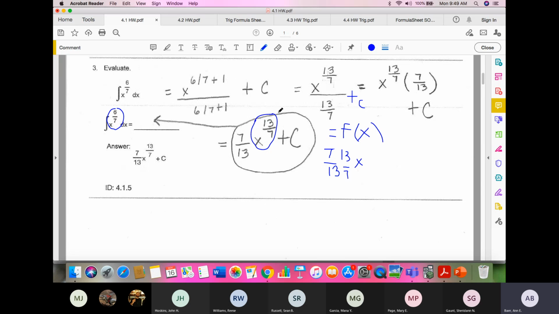And then we have to take our old exponent, 13/7, and subtract 1 from it.